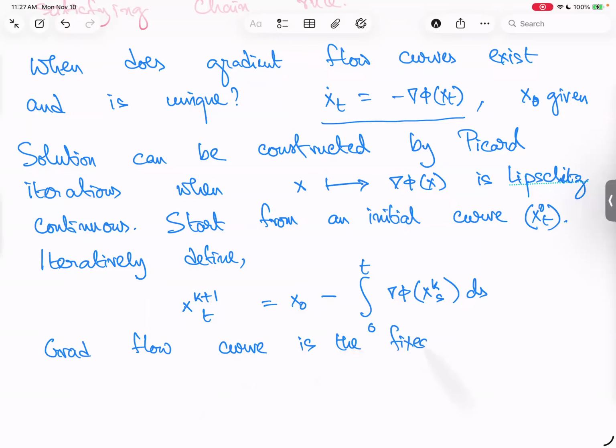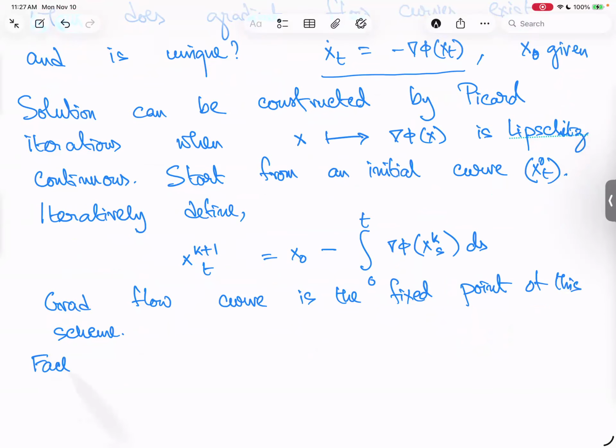And you can believe, and it's not particularly hard to prove, that this scheme will indeed converge and will converge to this unique curve, which is this gradient flow curve, under my assumption that x to gradient of phi of x is Lipschitz.